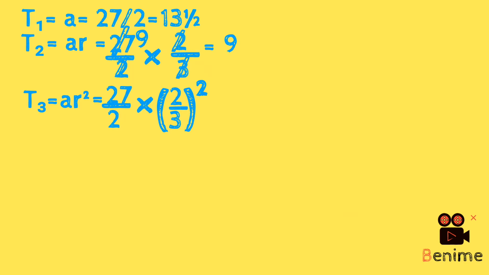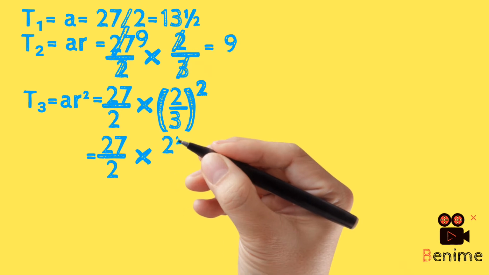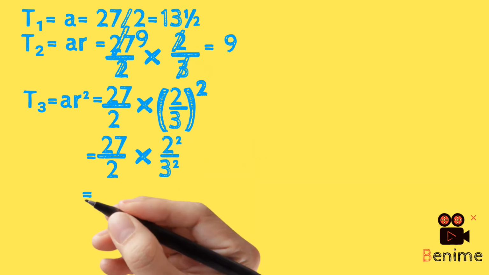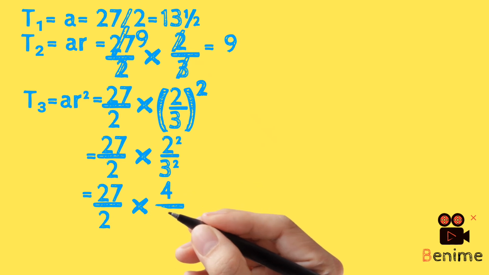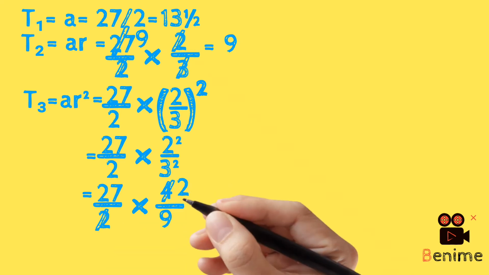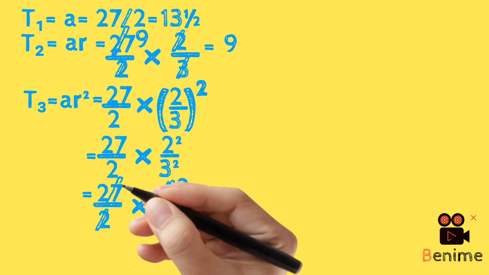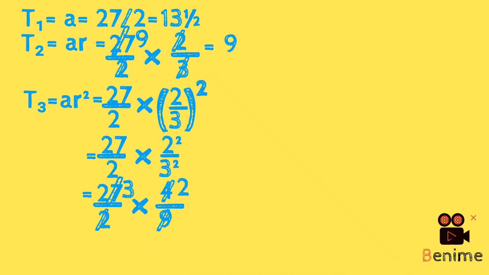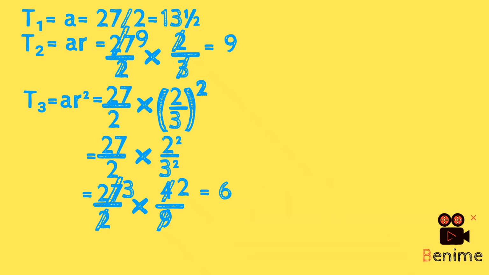So it will be 27 over 2 times 2 raised to the power of 2 over 3 raised to the power of 2, which will give you 27 over 2 times 4 over 9, because 2 raised to the power of 2 is 4 and 3 raised to the power of 2 is 9. So 2 in 2 is 1, 2 in 4 is 2, 9 in 9 is 1, 9 in 27 is 3. So what you just have is 3 times 2, which will give you 6. So T3 is equal to 6.